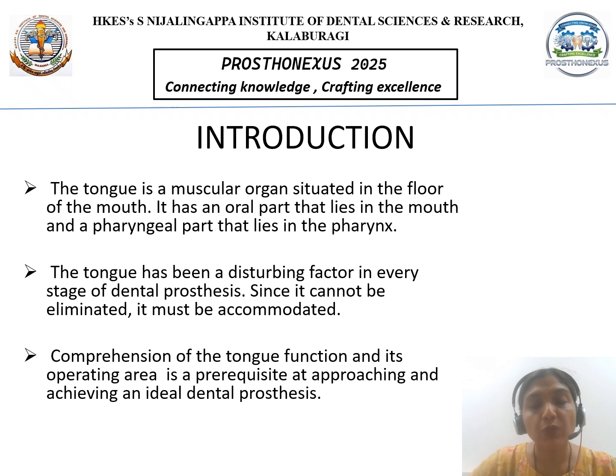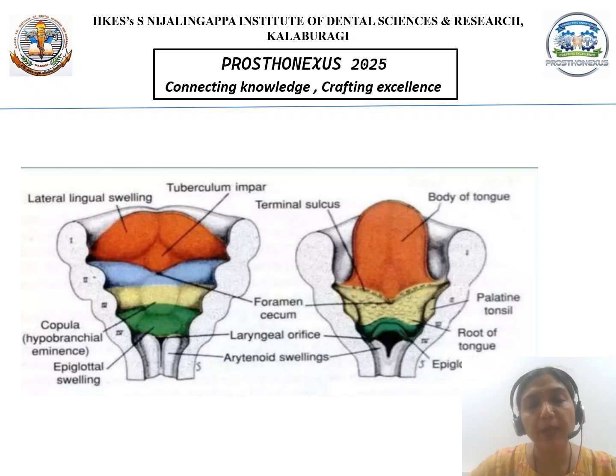So we have to learn the function, the anatomy, the physiology of this particular organ, such that we can modify, we can do a better technical skill, such that finally patient care and quality of patient's life is improved. Next, coming on to embryology.